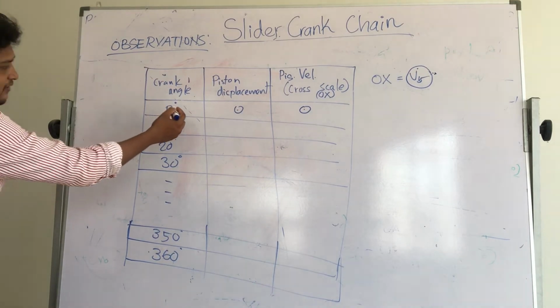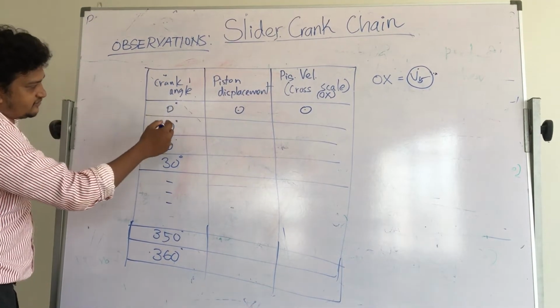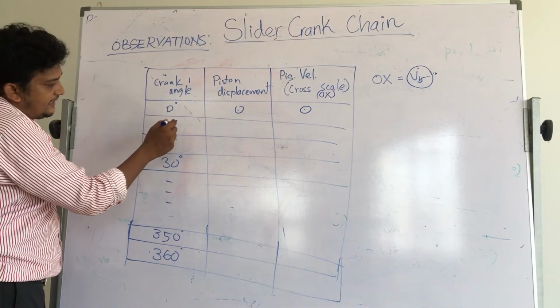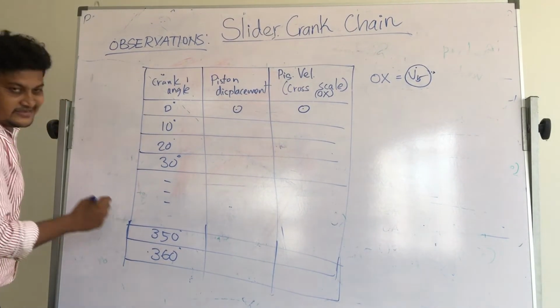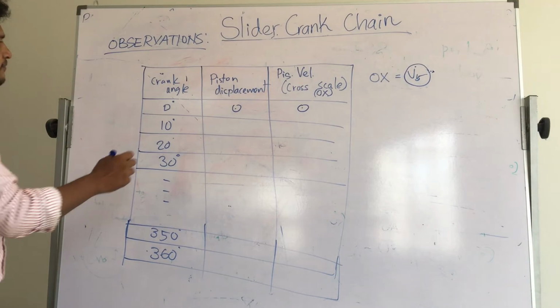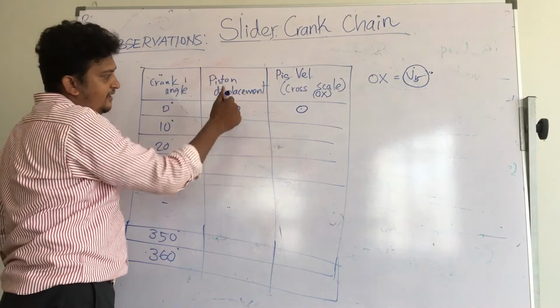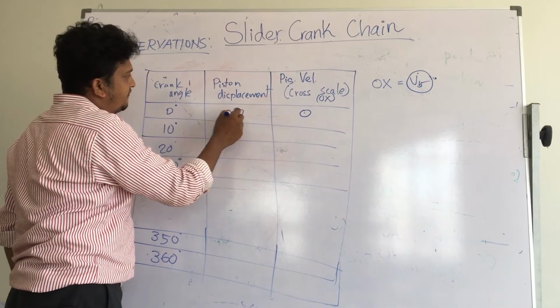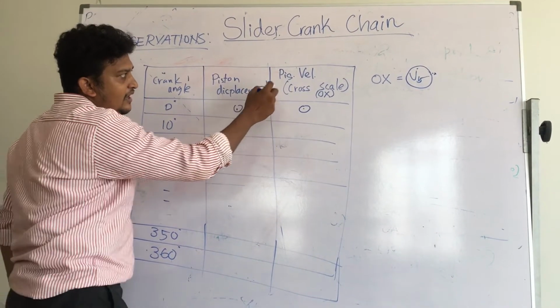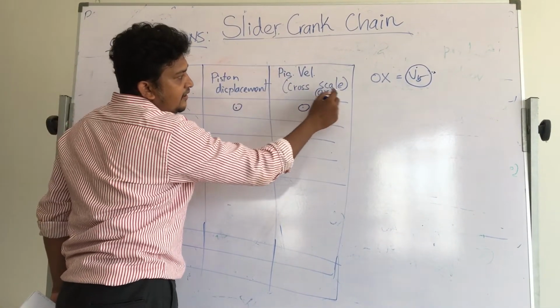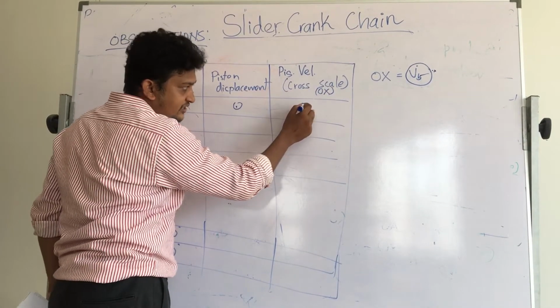So now we fill up this table every 10 degrees: 0, 10, 20, 30 until 360 degrees. Through the displacement scale, we read 0 at the 0 angle; the piston displacement is 0, and the piston velocity, that means the cross scale reading, is also 0.